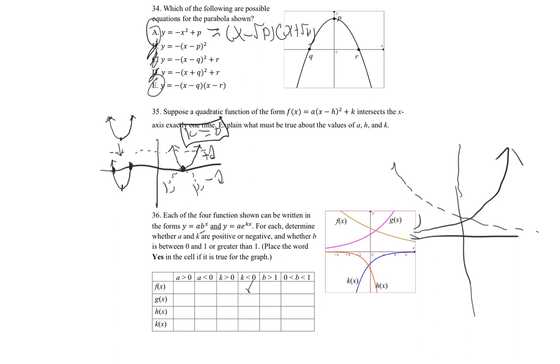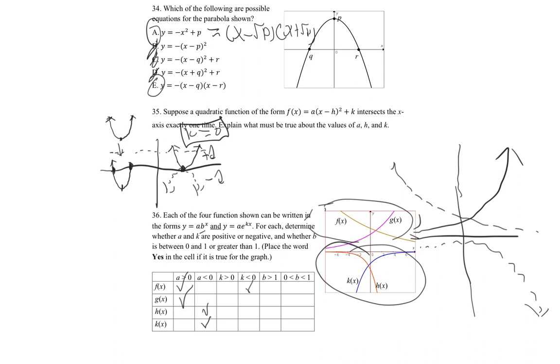So a being positive or negative, back to this picture over here, corresponds to reflection across the x-axis. So for both f and g, a is positive. For h and k, a is negative because they're down here, and f and g are up here. So a is negative for h and k, a is positive for f and g.